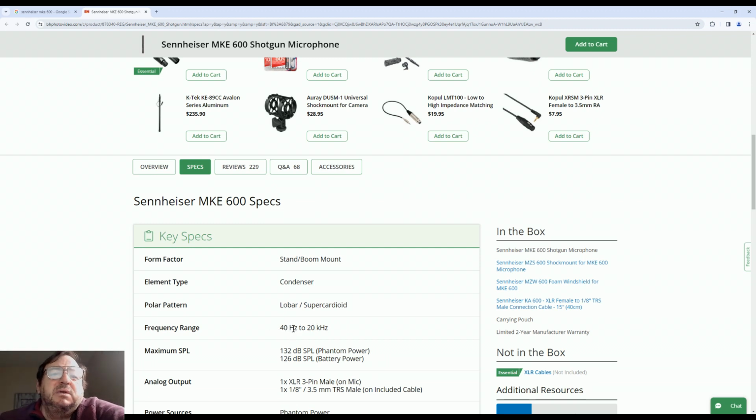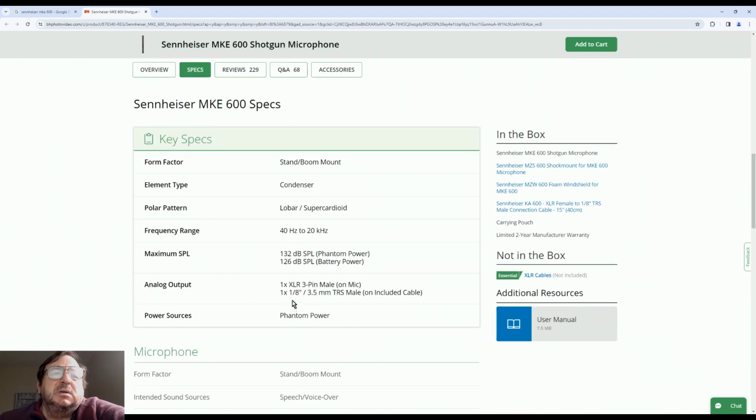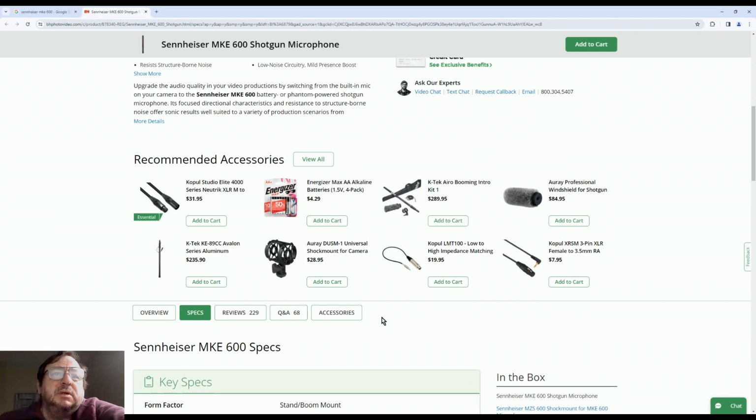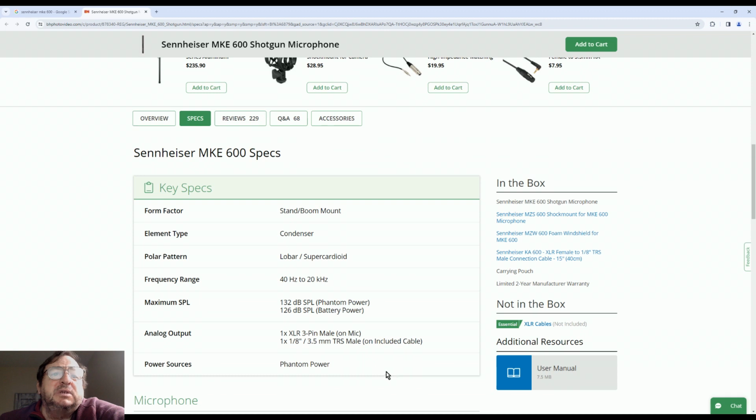It's a shotgun. But this has one XLR, so if you need XLR, you can use XLR. It has 3.5. If you want to use 3.5, you can have a certain attachment like this and then put the microphone inside and you have that good sound.